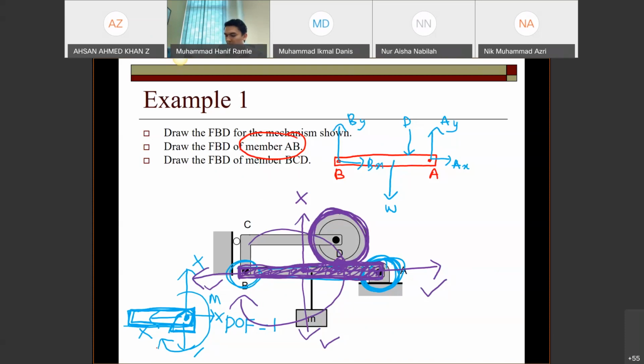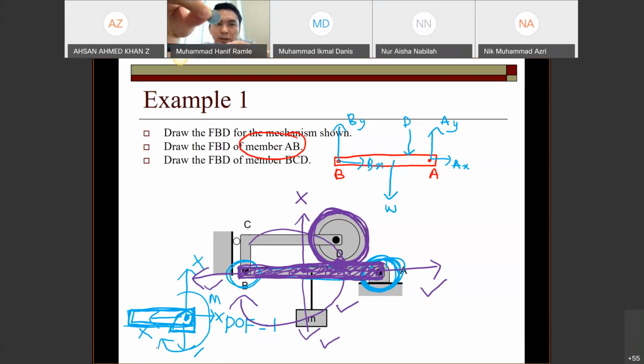The answer is yes. You can rotate this AB member because there is no restriction at all. You can rotate like that. This is the AB member. This is a roller. If you can see my camera, this is a coin.